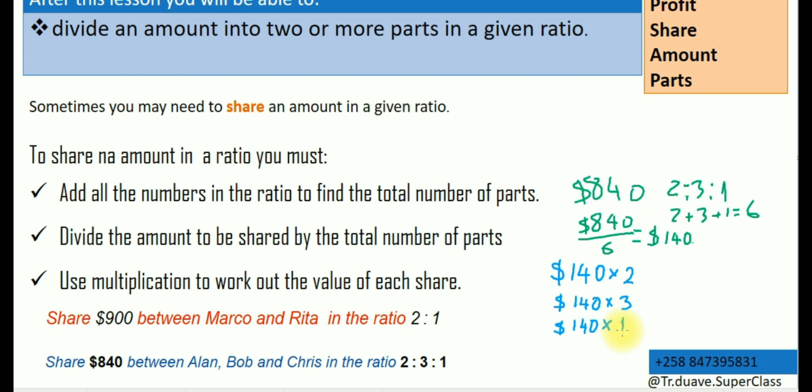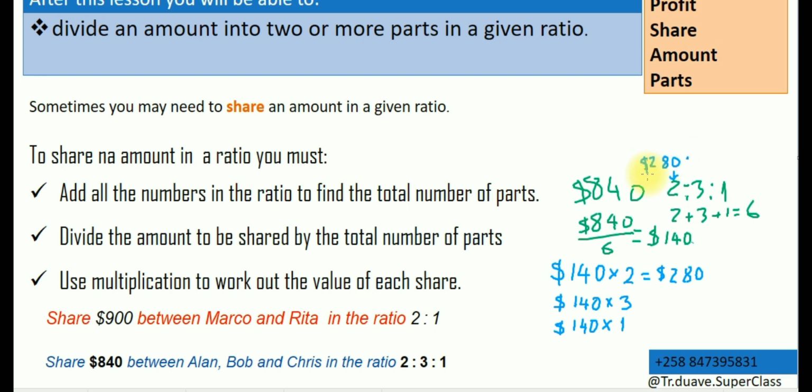So we'll have 140 multiplied by 2 to get the value for this one. It is equal to 280, which means for this one we have as a result $280.